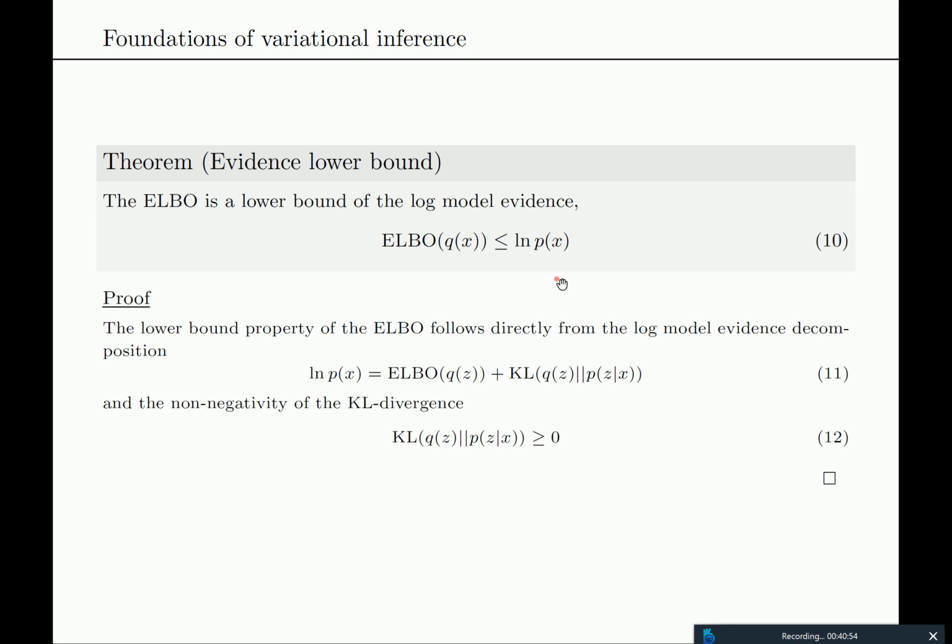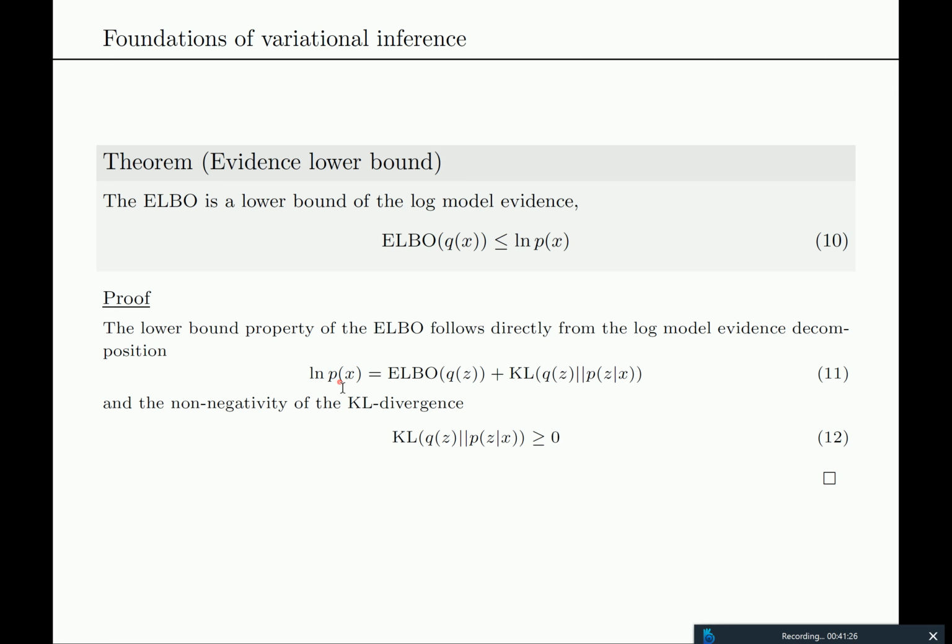Why is this so? Essentially just because the KL divergence is always larger or equal to 0. So if you have this decomposition and you add something positive to the ELBO to get the log model evidence, the log marginal likelihood, then the ELBO must be smaller, or if the KL divergence is 0, equal to the log marginal likelihood.